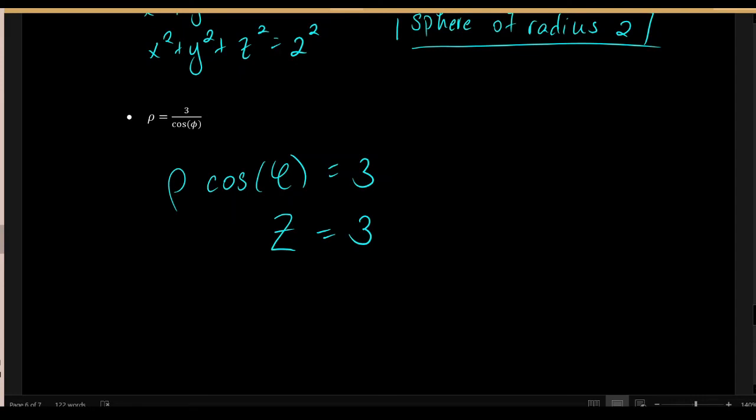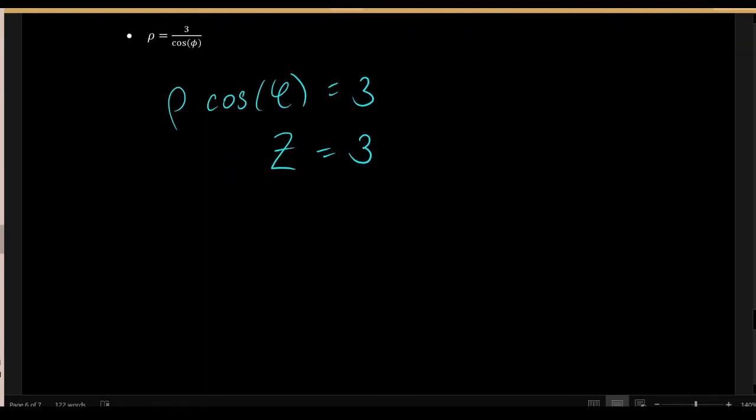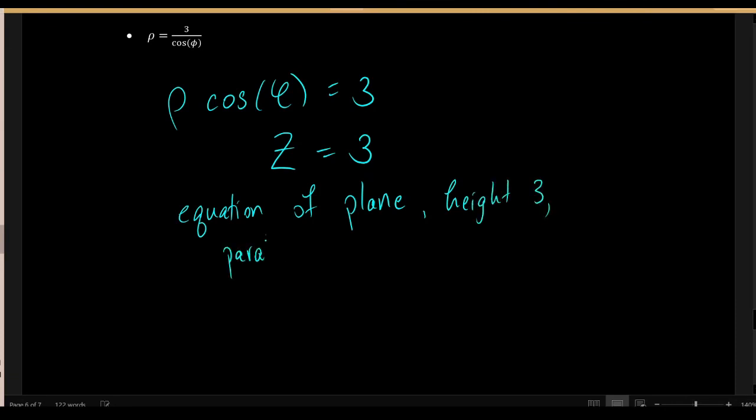Z equals 3 is the equation of a plane with a height of 3 parallel to the xy plane. Z equals constant, z equals 3, is just a plane.